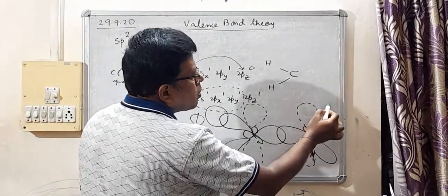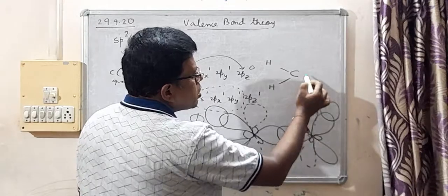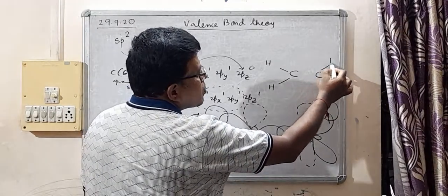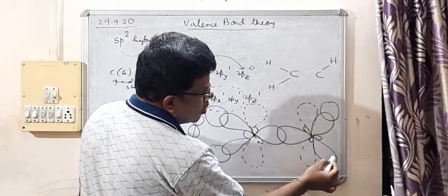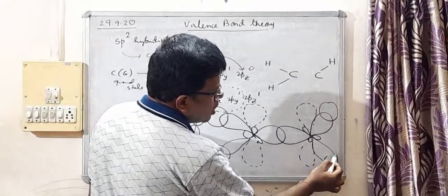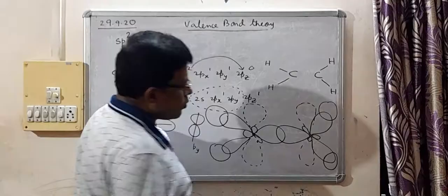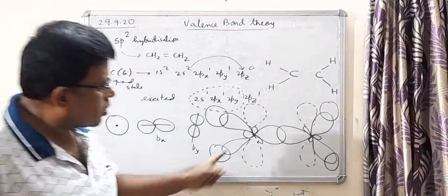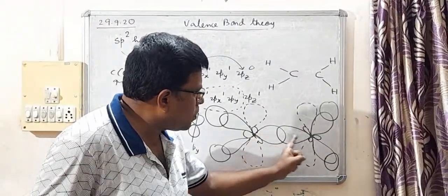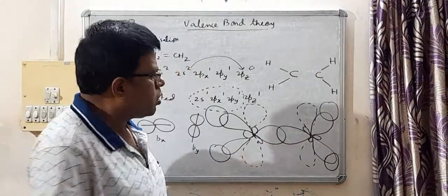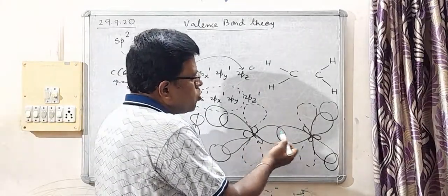Same with this carbon, it will overlap with 1s of hydrogen. So a sigma bond with hydrogen is formed. This also forms a sigma bond with hydrogen. And you see, already a bond is formed between carbon and carbon. This is sp2 sigma.